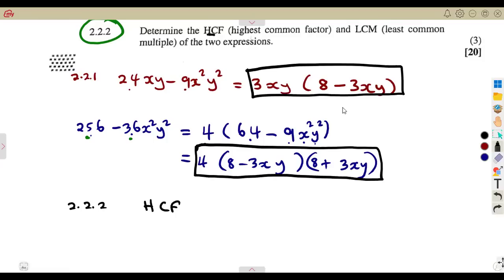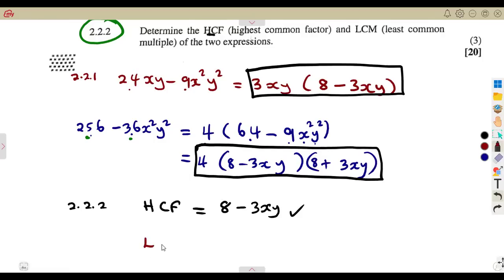We move on to the terms inside of the brackets. There is 8 minus 3xy here. There's also 8 minus 3xy. That's a highest common factor. It's common throughout. 8 plus 3xy, we do not have it this side, so it's not a highest common factor. So this is what's going to be our highest common factor.